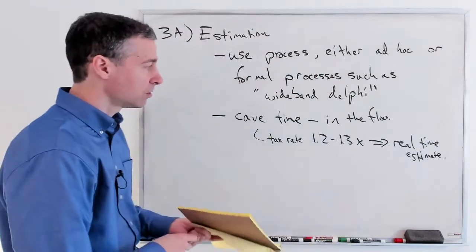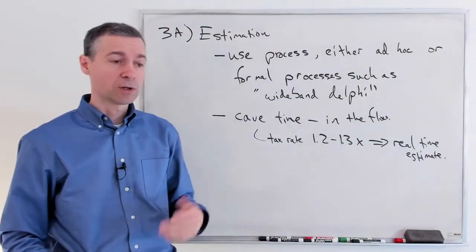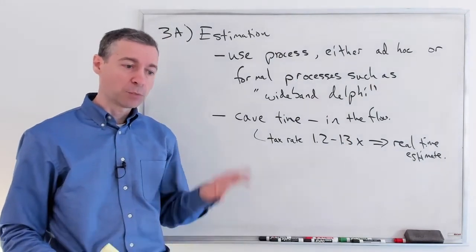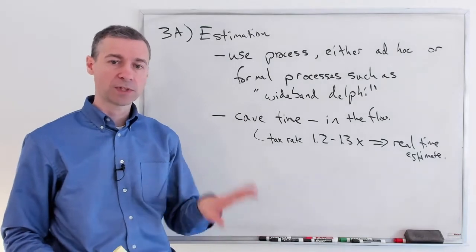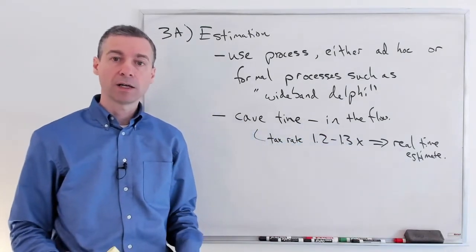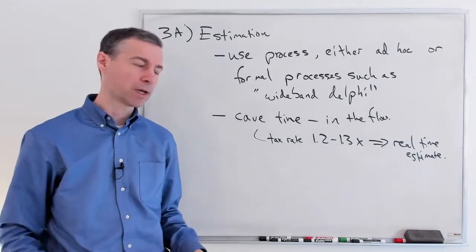One of the things that we do to help people learn to estimate better in this sort of world, though, is to keep track of how long they are actually spending on each task. Compare that to their original cave time and then their taxed increased time, and how far off are they? And so that they can learn to become better estimators.